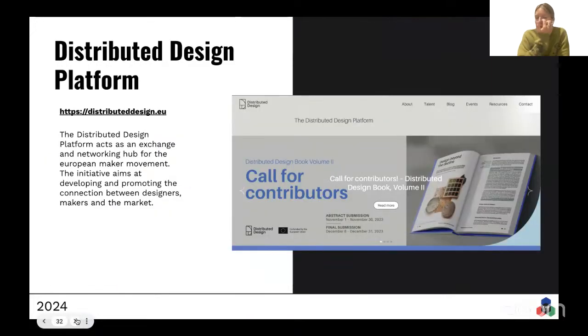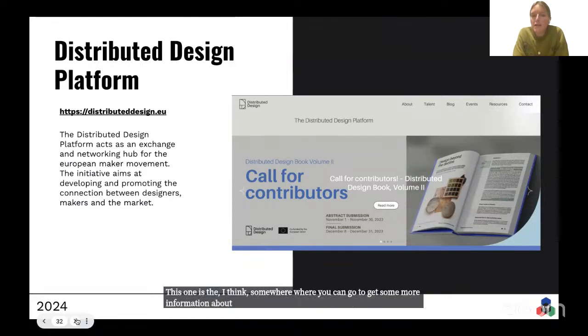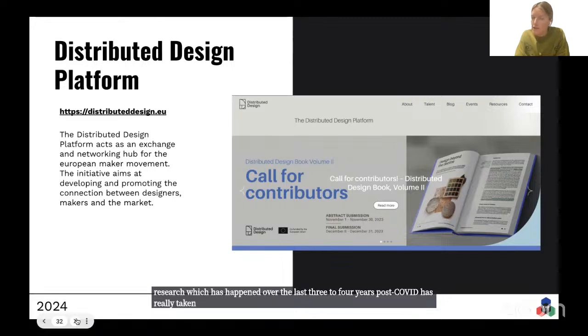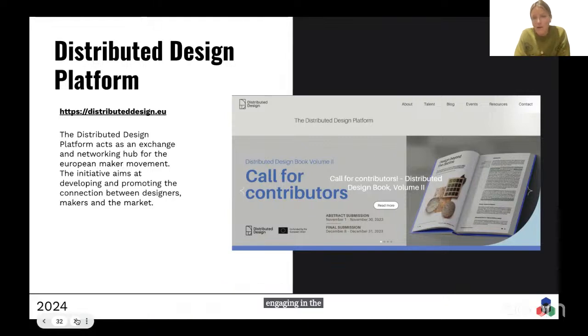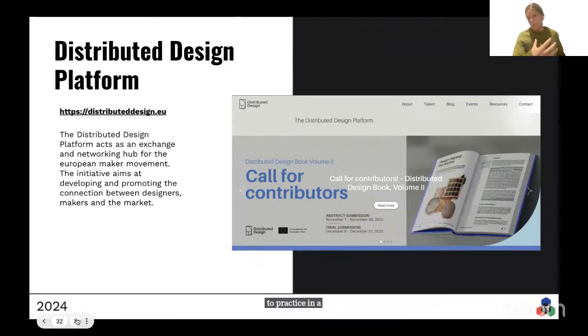This one is, I think, somewhere where you can go to get some more information about the concept of distributed design itself. I think that the depth of research which has happened over the last 3 to 4 years post-COVID has really taken the concept of distributed design from something which is about sharing designs and engaging in the DIDO, let's say, paradigm, to something which is really about supporting makers and designers to practice in a post-capitalist design paradigm.